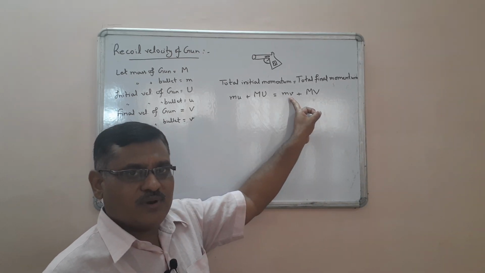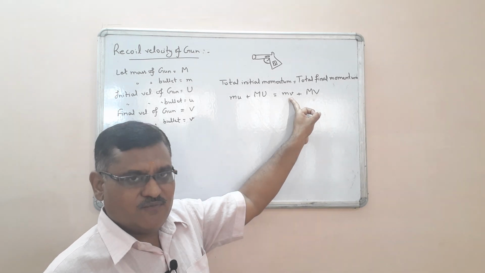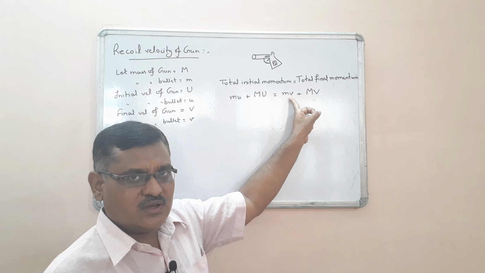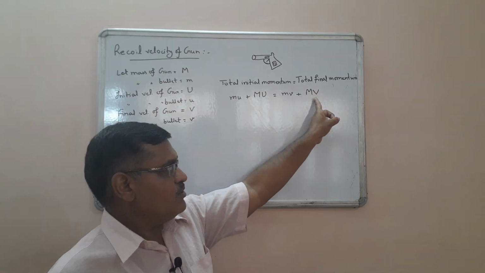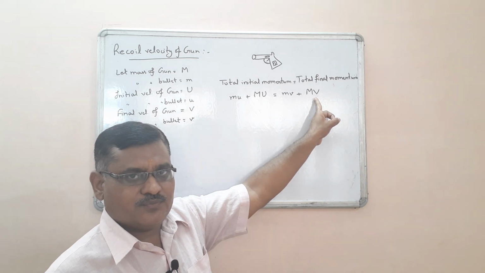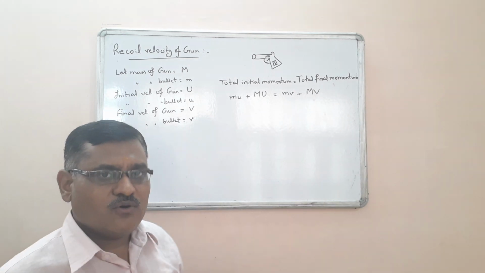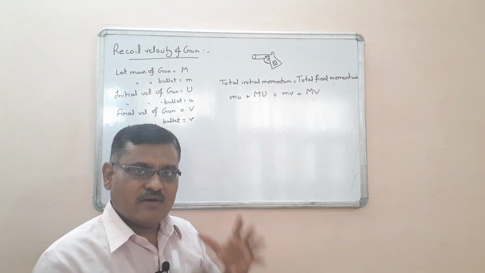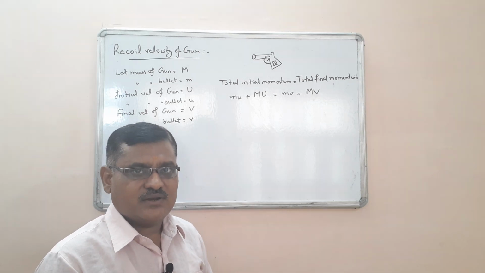The final momentum of the bullet is mv. Now the final velocity is small v, so mv, and the final momentum of the gun is capital MV. So according to the law of conservation of momentum, I have applied these parameters.